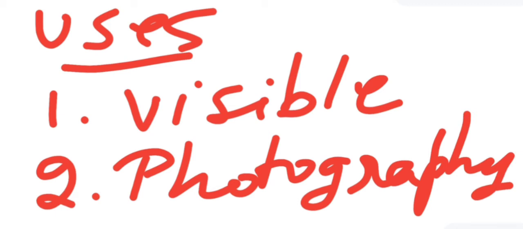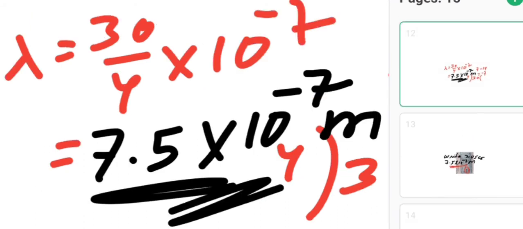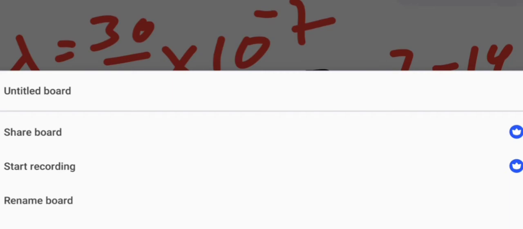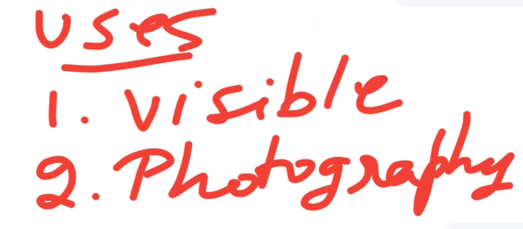So write 2 uses of the given electromagnetic wave with the particular wavelength in the problem: it lies in the visible region of light, it makes things visible, and it is also used in photography.